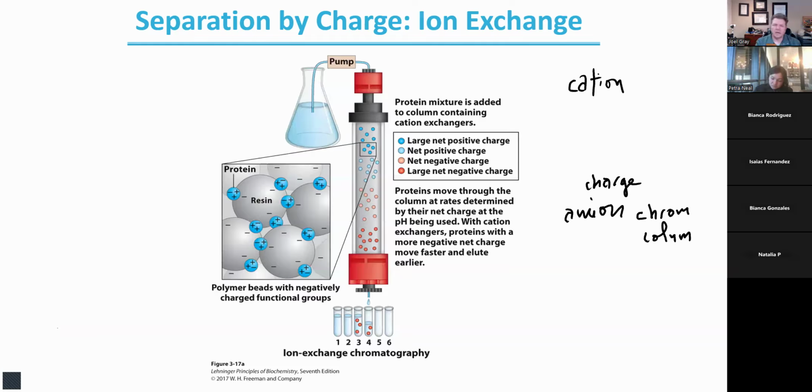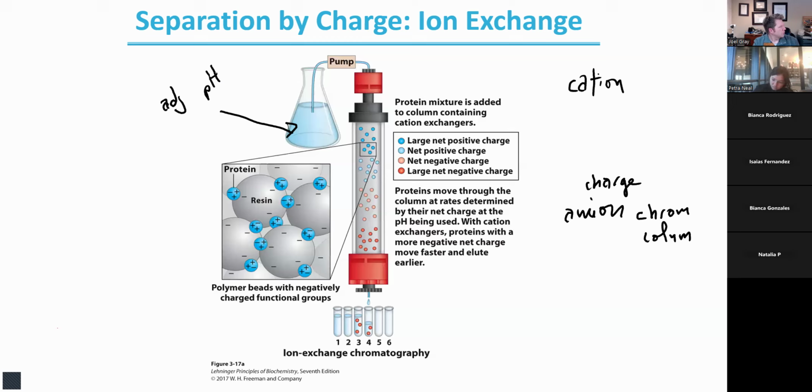If you adjust the pH of this solution running through that column, adjust pH, well, then the proteins will release at a different point or earlier. So you have to adjust the pH of the solution that's running through the column.